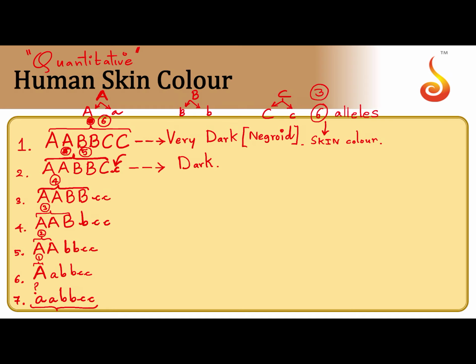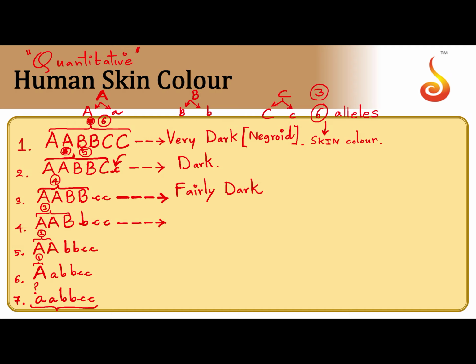So if a person has 4 dominant alleles and 2 recessive alleles, he will have a fairly dark skin. Fairly dark means it borders between somewhere which is not too dark also, it's not too light also, okay, but it is on a darker shade of light. And then you have the fourth genotype where 3 of them are dominant and 3 of them are recessive.